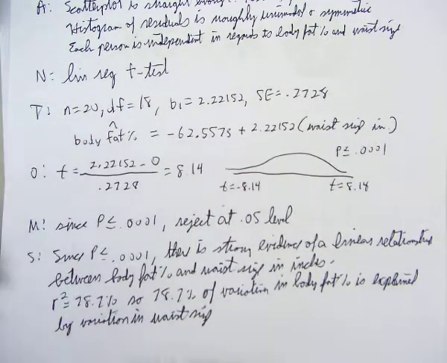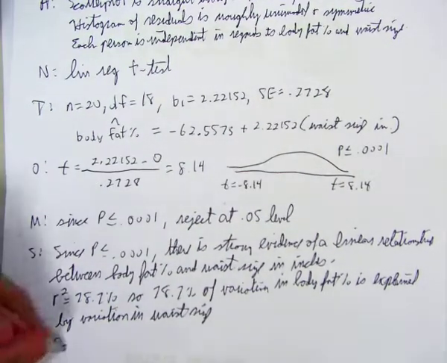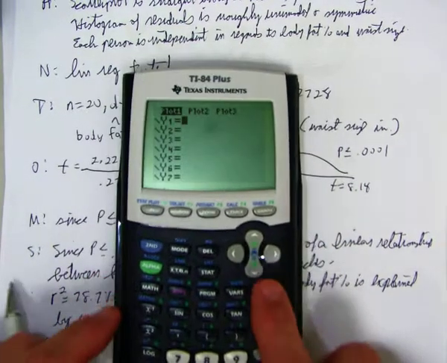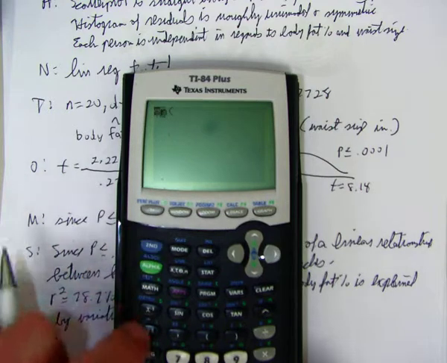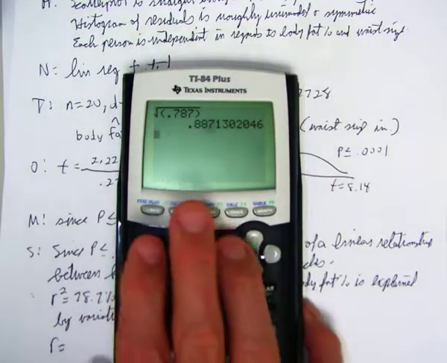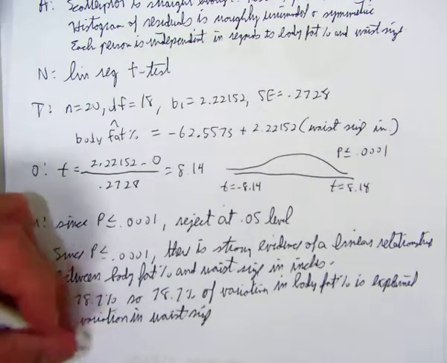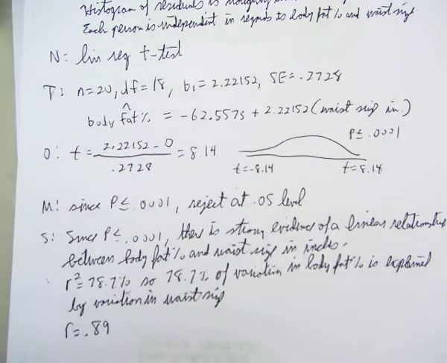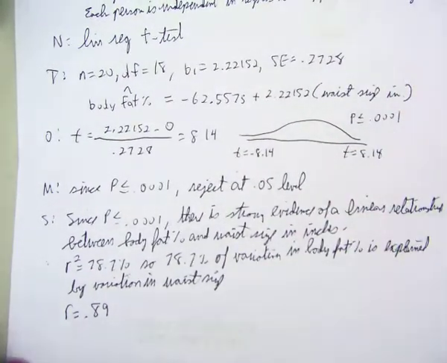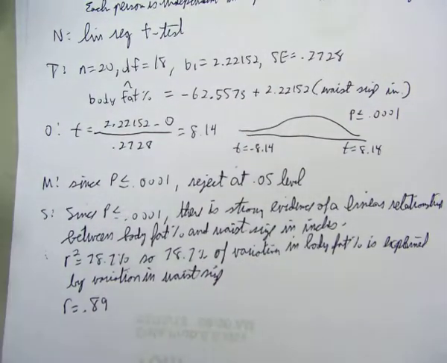And then we got to figure out our R value. So we're going to do the square root of 0.787. Let's do that up. Square root 0.787 and we get 0.89. Okay, so R is 0.89. And it's positive because the scatter plot goes up as waist size increases, body fat percentage increases, so we're going to leave that.